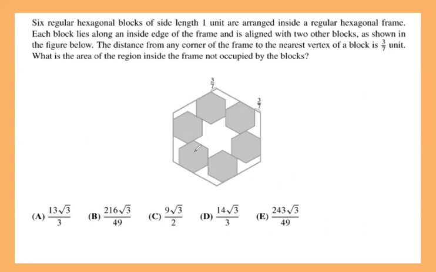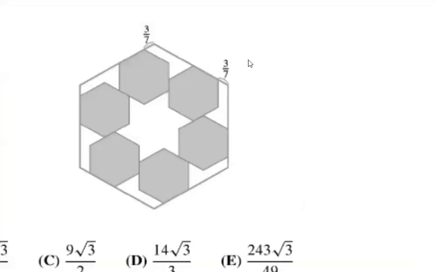The inside angle right here, maybe I should make it a bit bigger so you can see, is 120 because this is also a regular hexagon, and this 120 forces this angle to be 60.